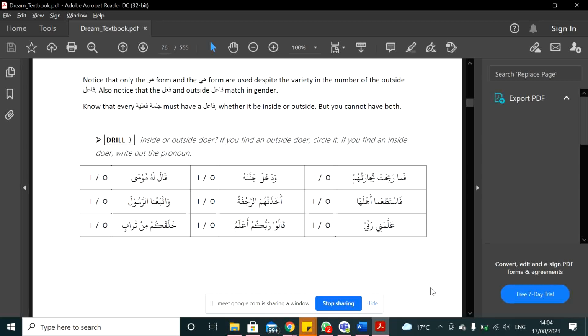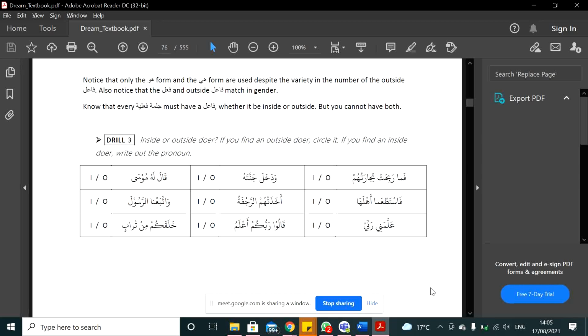Yes, akhazat. Sister Lippy, I know you have studied this before, but the rest of you will ask, what is hum doing here, and why are we not looking at hum? Because hum is an attached pronoun, and an attached pronoun after a fail is always the detail. When you look at the chart you will not find any fail with the hum ending, like nasartuhum. Hum nasaru is a fail format.